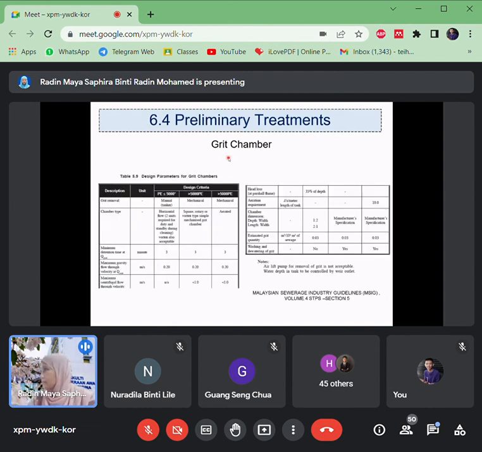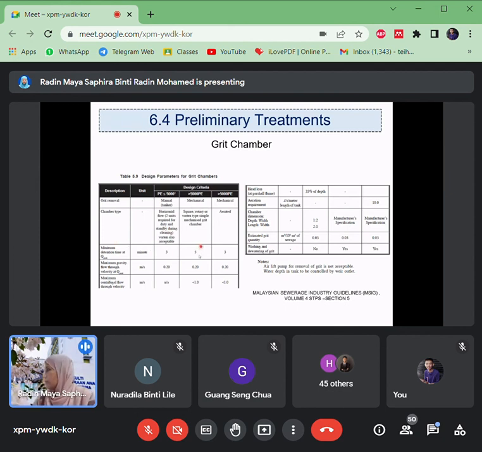Okay, so these are the design parameters for the grit chamber. Right, and the grit remover is either manual, by using a tanker, or mechanical. If the population equivalent is more than 5,000, we need to use the mechanical system.